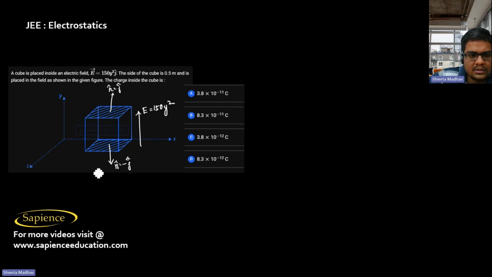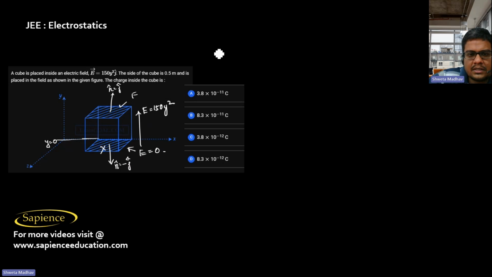Now in the xz plane, y value is 0. So here the electric field will be 0 also. So the only flux that will come is along the top surface, and to the base of the cube there is no flux.